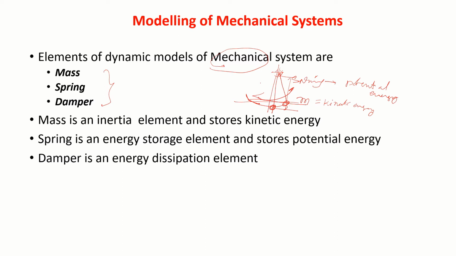This potential energy gets converted into kinetic energy. Again, kinetic energy gets converted into potential energy. Again, potential energy gets converted to kinetic energy like this. Suppose I introduce some kind of resistance over here, this energy gets dissipated, and that is what you call damping.